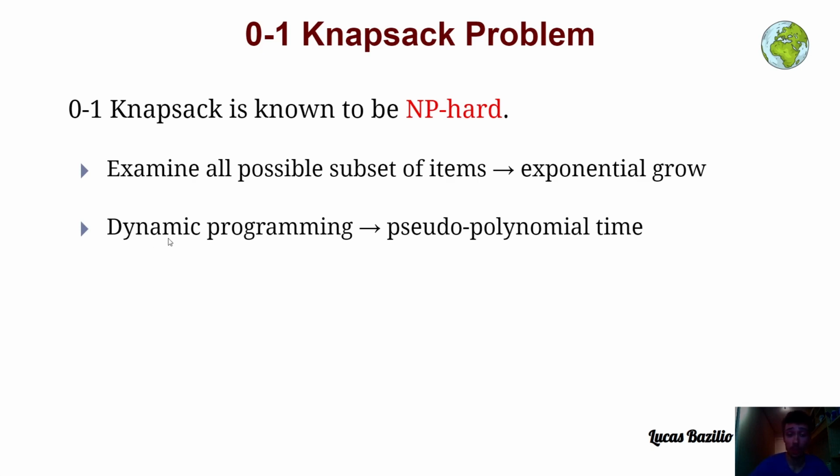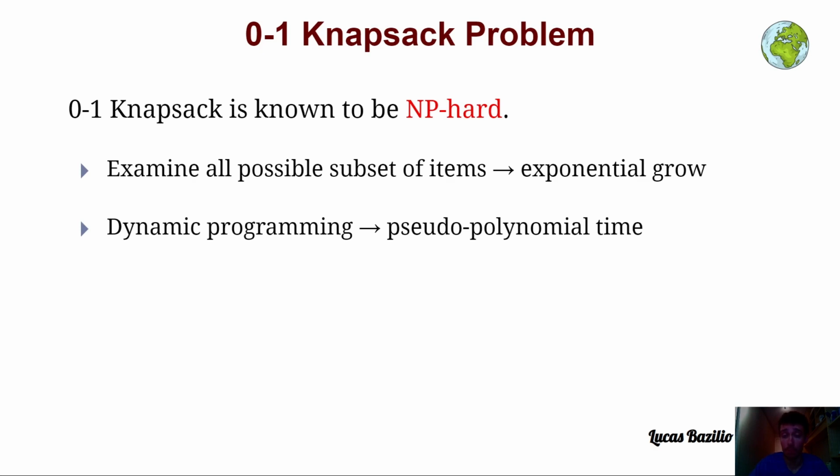While dynamic programming can be used to solve the problem in pseudo-polynomial time, which is polynomial in the input size and the capacity of the knapsack, the problem remains NP-hard due to its inherent exponential nature.